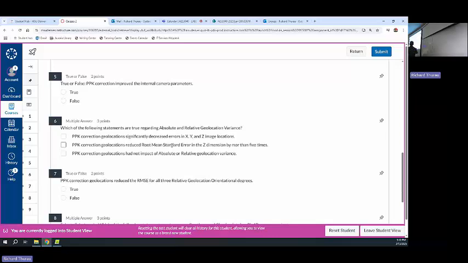That's where you have to look at the quality report. These are all questions out of the quality report, right? There's a little section in the quality report that talks about internal camera parameters. Intuitively, is the PPK going to impact anything as far as internal camera parameters? Yeah, it's not connected really, that's a separate thing. Yeah, exactly. You're not going to change it proactively.